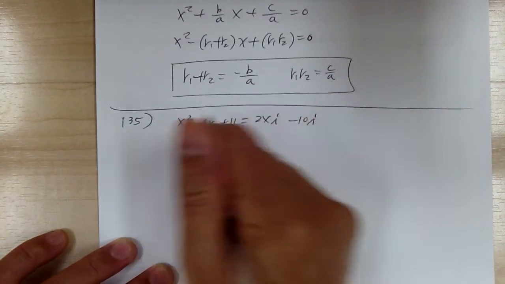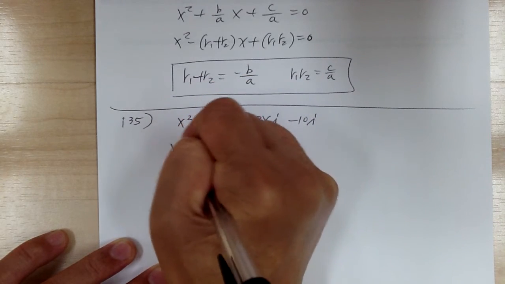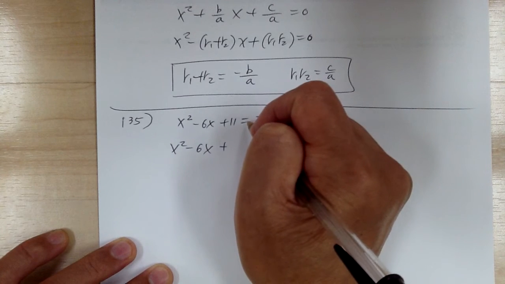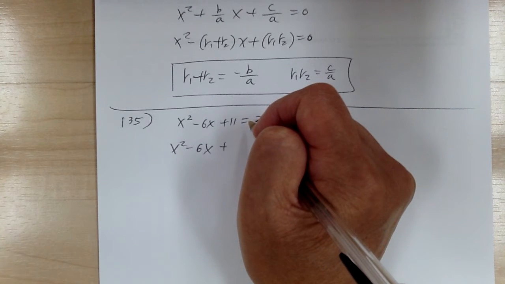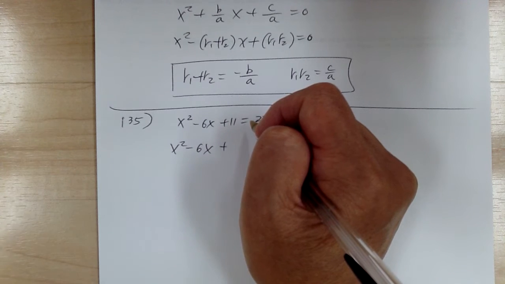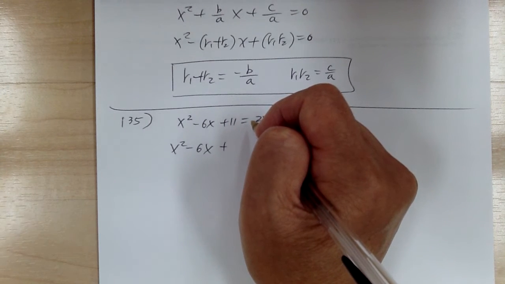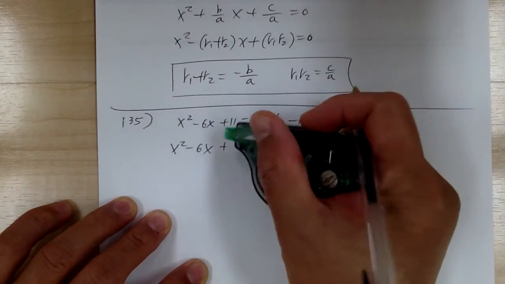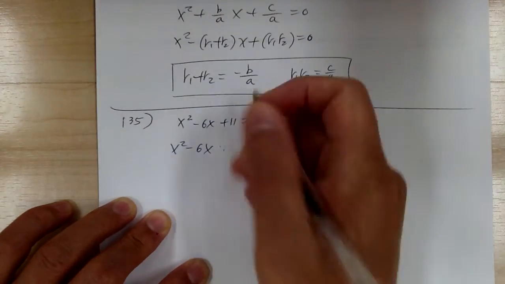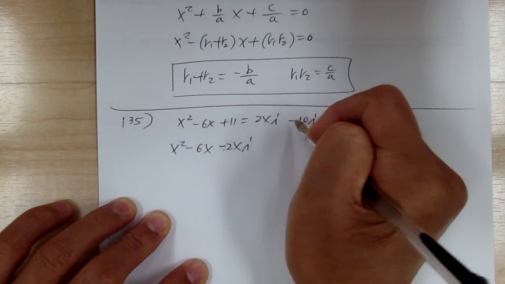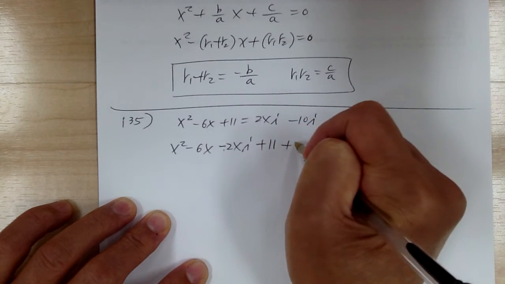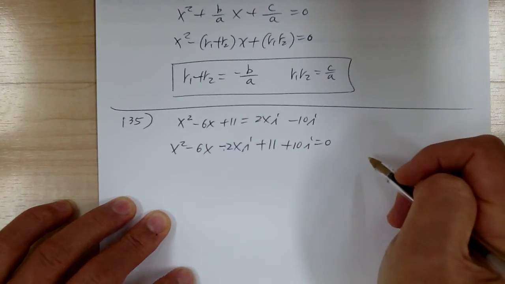So first I'm going to move everything to one side. So I get x squared minus 6x, and move this over, so minus 2xi, and then plus 11 plus 10i equal to 0.